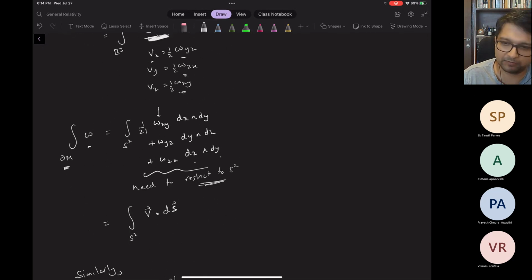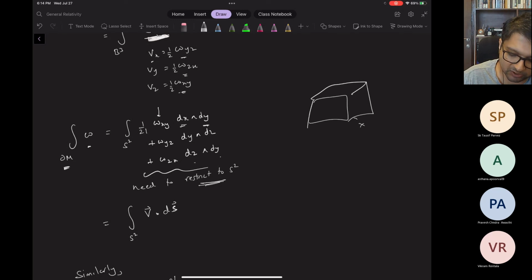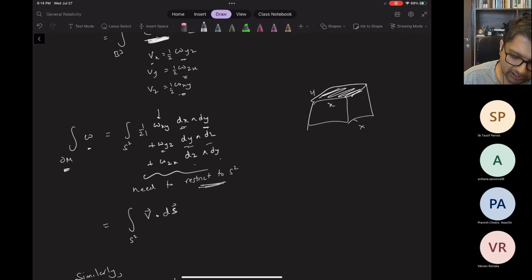Imagine faces of a cube: this is the integration over dx wedge dy, over the xy boundary where I keep z fixed. Similarly, this is an integration over the yz boundary, where I keep x fixed, and of course I break it up into small area elements.